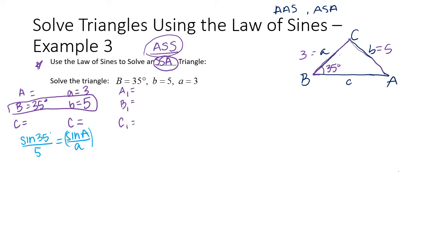All right, multiply both sides by a, and I get a times the sine of 35 divided by 5 equals the sine of, oops, what am I doing? This should all be a 3, because little a is 3. I need to actually erase this part too. All right, here we go, back to the game. Okay, multiply both sides by 3, so we get that equals the sine of a.